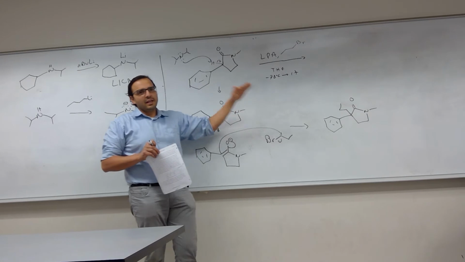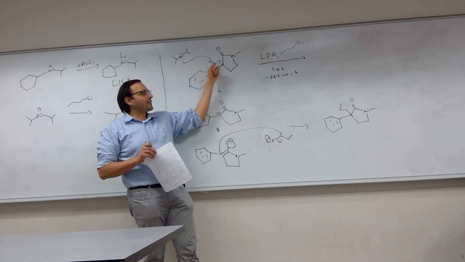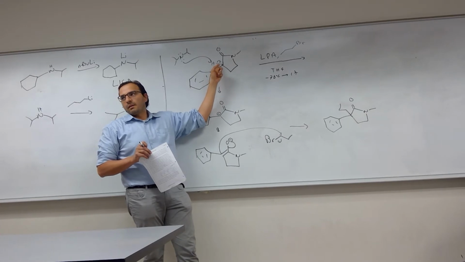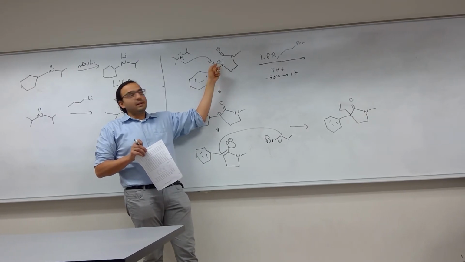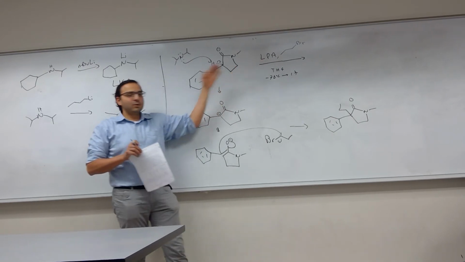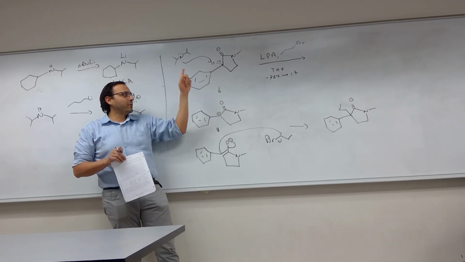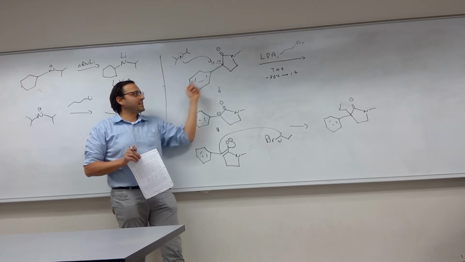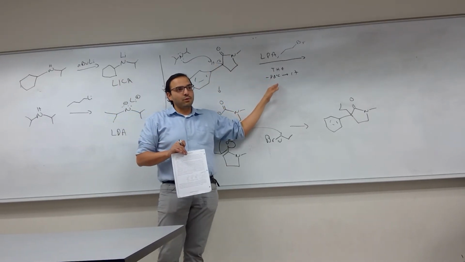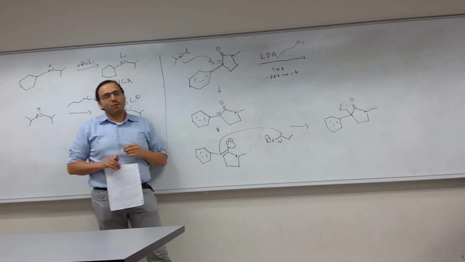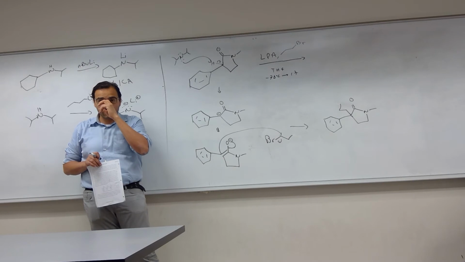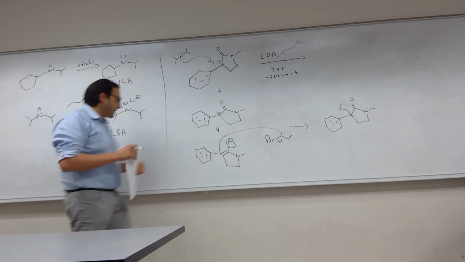Even if it's very reactive, you can still drive it towards this position. Even LDA is pretty strong, so if you just do LDA at room temperature, you will start knocking things off the benzene ring, off the methyl group. That's why you want to cool it down. But why wouldn't that work with an alkyllithium? Because it's also nucleophilic.